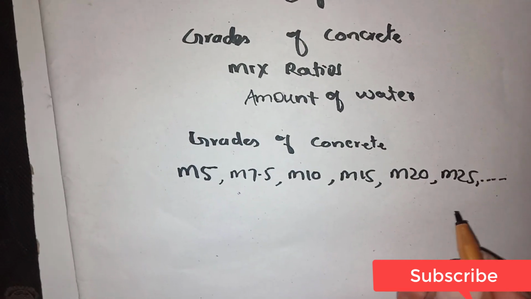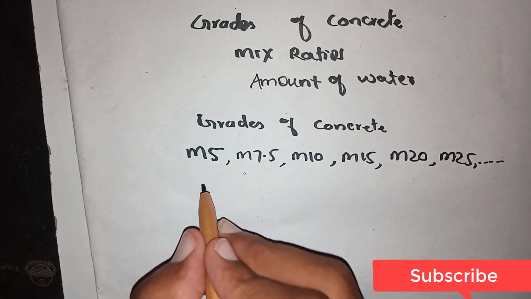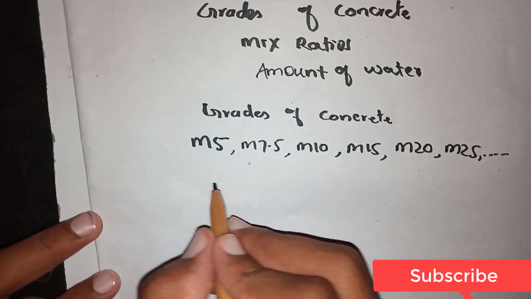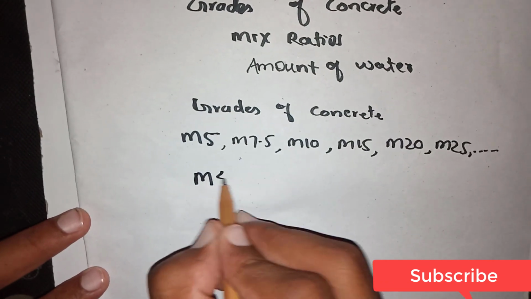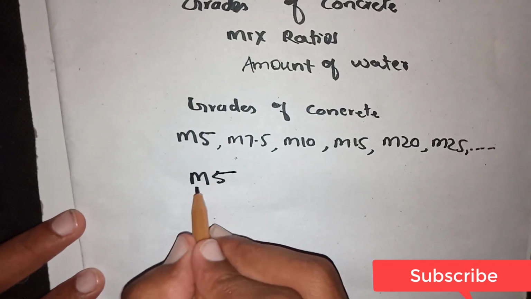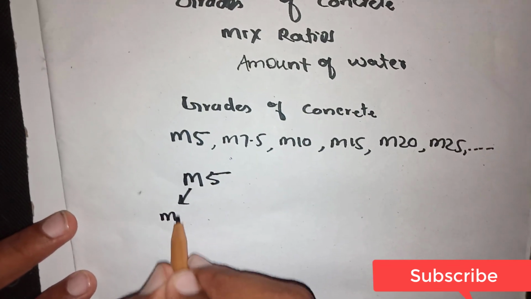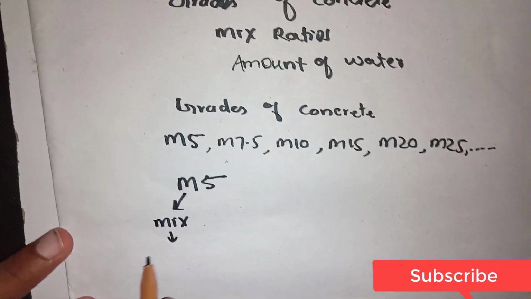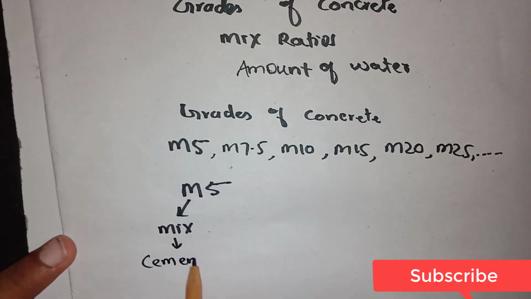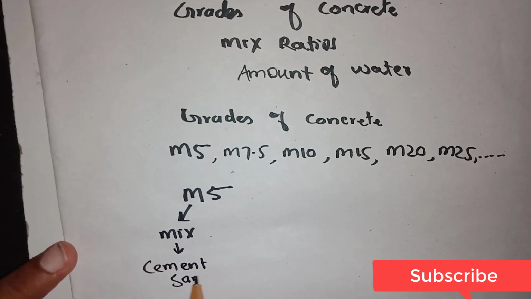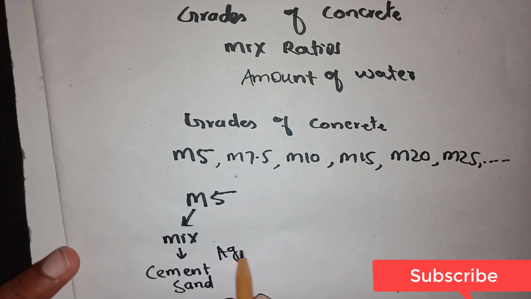So here I will explain what is M and what is 5. Here M is basically mix. Mix of what? Mix of cement, sand and aggregate.